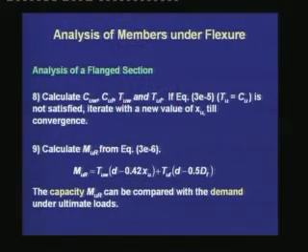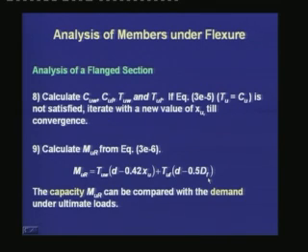Now, at this stage, we are able to calculate the ultimate moment of resistance, which is Mu r, which is given by the expression which is equal to TUW times the lever arm d minus 0.42 XU plus TUF times the lever arm, which is d minus 0.5 DF.